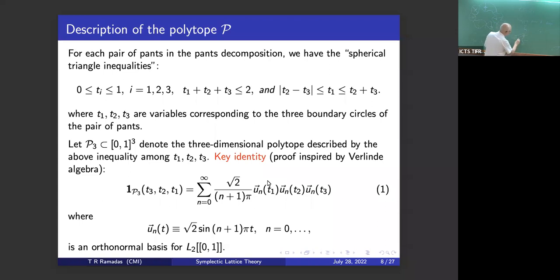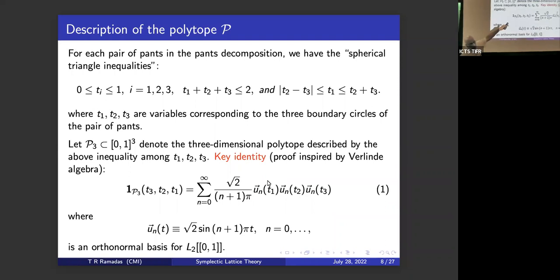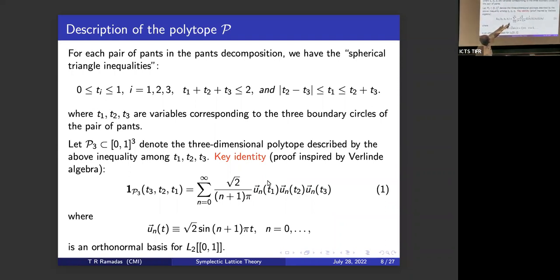So here is the vertex, there are three circles here, and each of them will have a corresponding function t. Let me call the functions t1, t2, t3. Then the values of these functions on the space A_F mod G are constrained like that. Each of them has values between 0 and 1. That is by design. But the sum must be less than or equal to 2. And you have that kind of inequality.